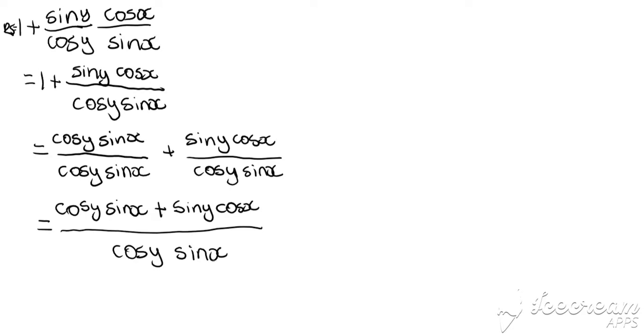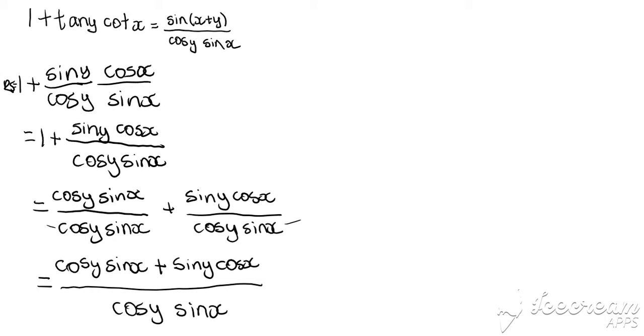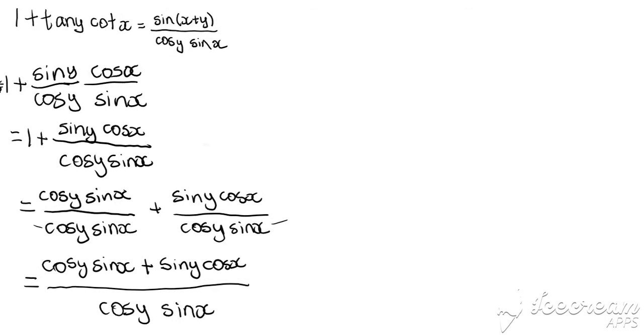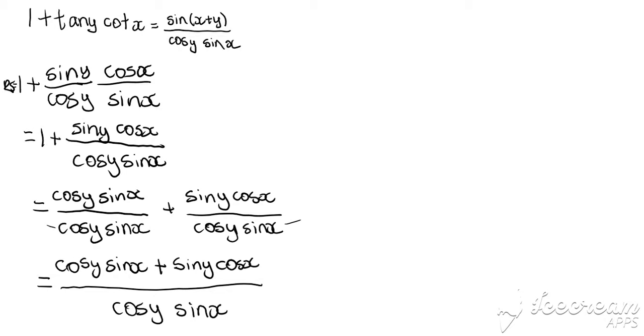As you can see, on the previous line they both have the same denominator, so you're able to add these together. So now once we have that, this is all we're going to do for the left side of this equation. We're going to now move on to the right side.